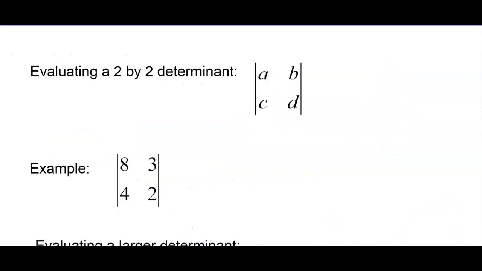So we'll start with the easy stuff. We'll talk about how to evaluate a 2x2 determinant, and then we'll talk about how to do the more complicated kinds of determinants. Luckily, the rule for working with determinants, at least the 2x2s, is very simple. You work out 2 different products. One product is where you go in a downward diagonal fashion, and you multiply those 2 numbers together.